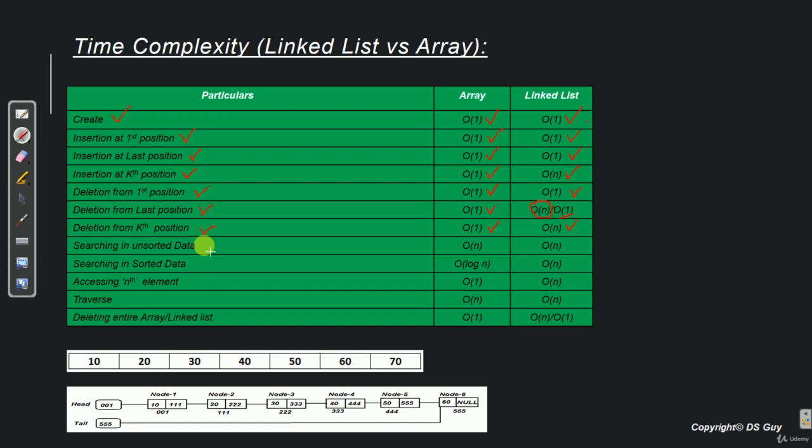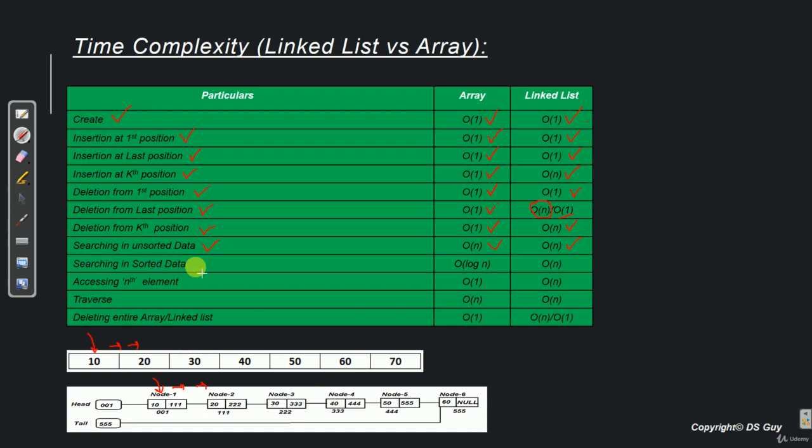Now searching in an unsorted data will take order of n time in case of an array, because we start from the first cell and keep traversing towards right till we find the number. Similarly, in case of a linked list, it will take order of n time, because we start with node 1 and keep traversing towards right until we reach the node that we are looking for.